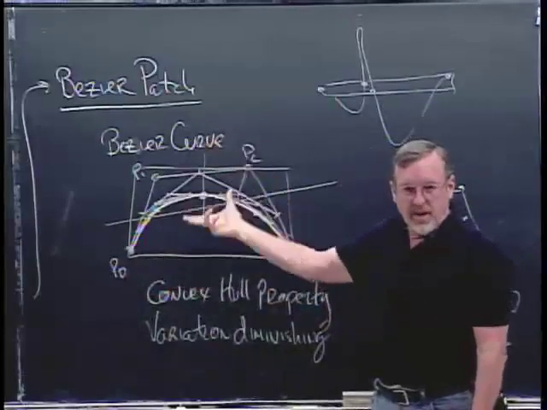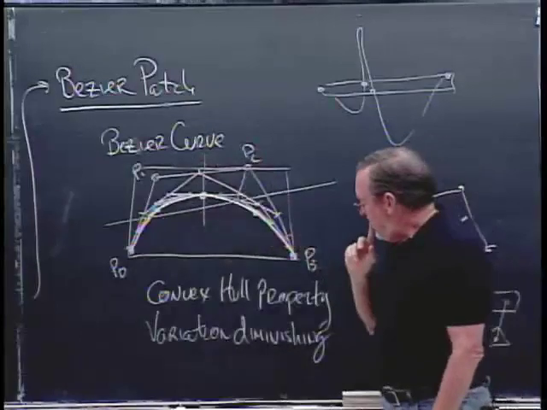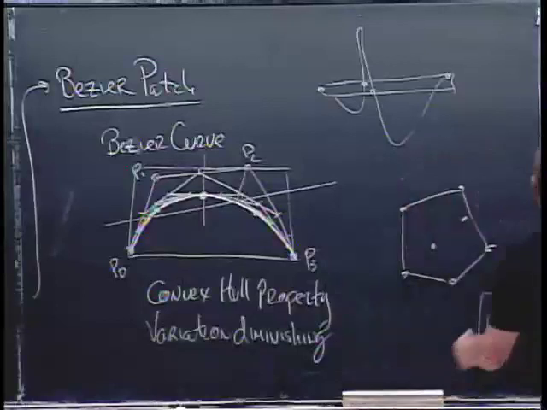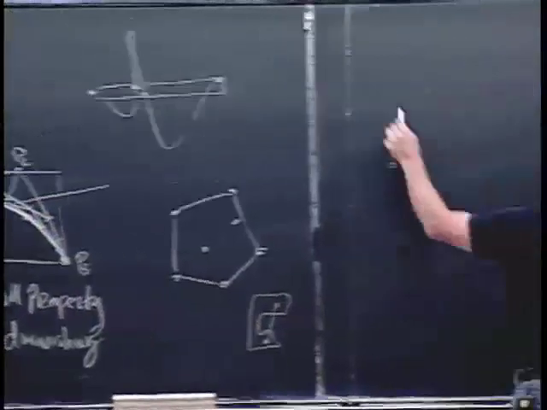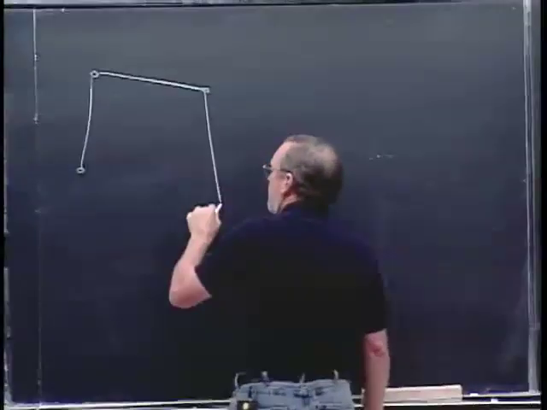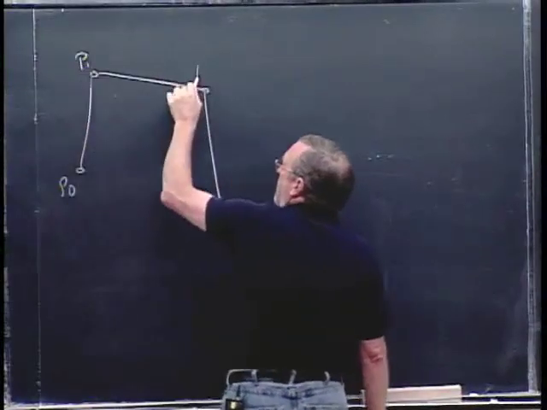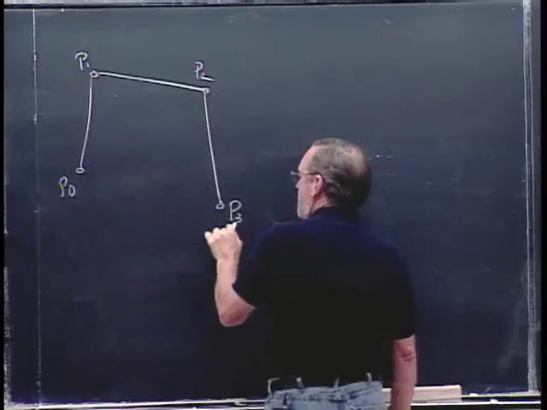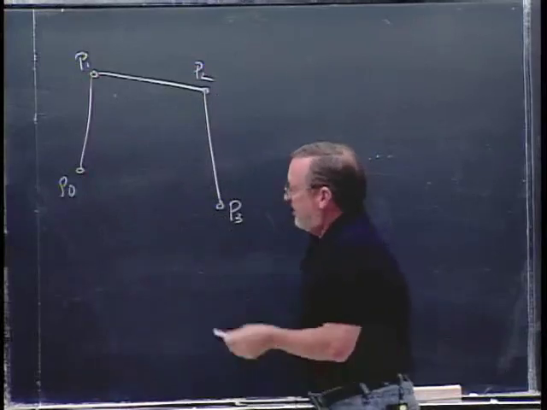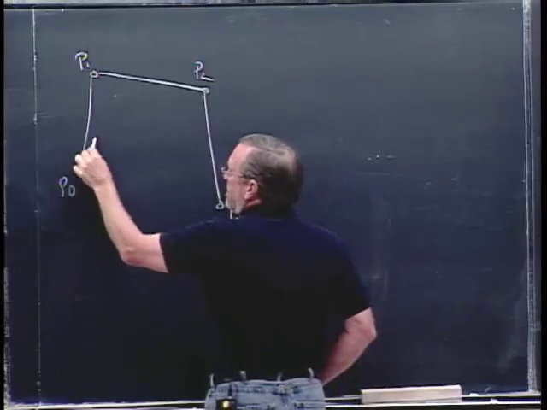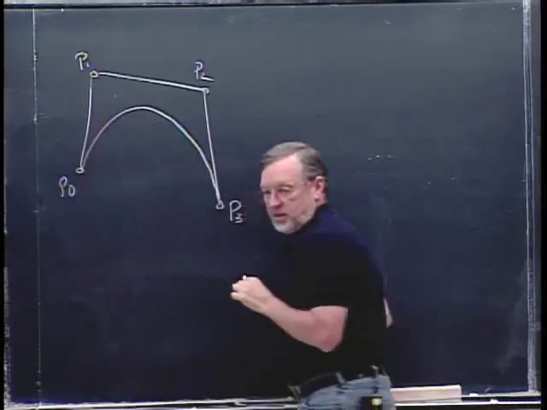You can vary things around a bit. It's not too hard to see, I don't think. Let me draw another one over here. I'm going to pretend it goes like that.